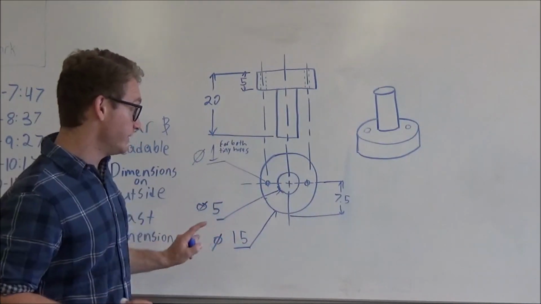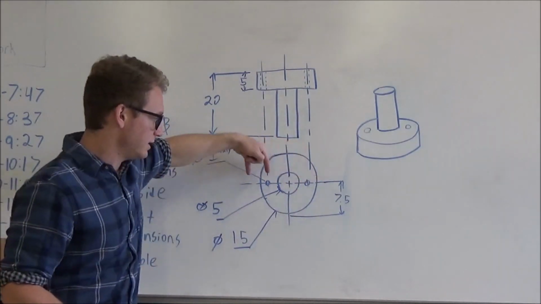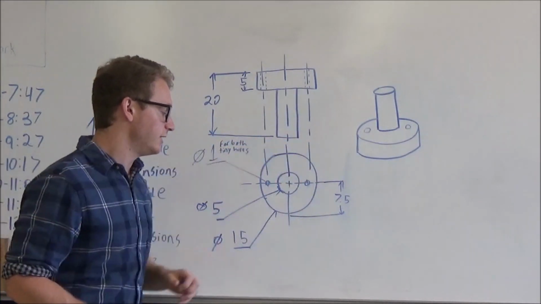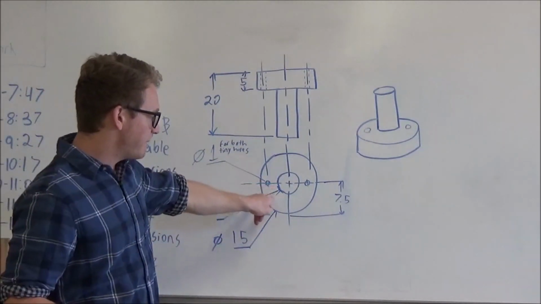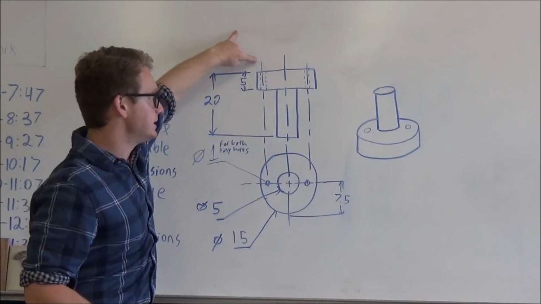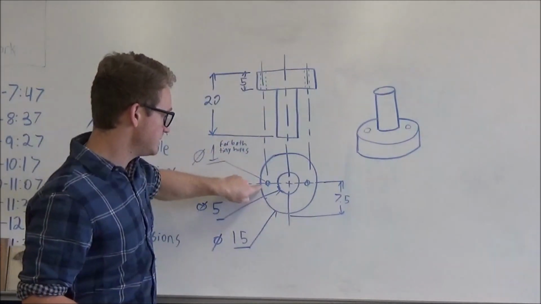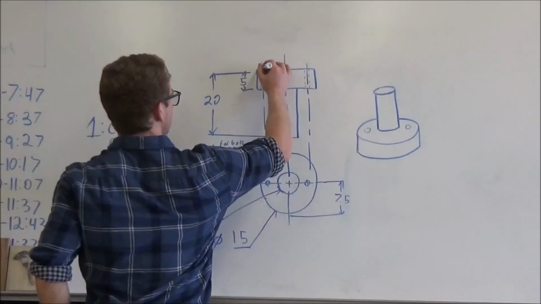Now where we really need to dimension is where are these guys placed? This is between here and here and here and here. Well, there's not a great spot to do that on the front view, but the top view is kind of nice because I have the center line, which corresponds to the center of my hole. I can go dimension.